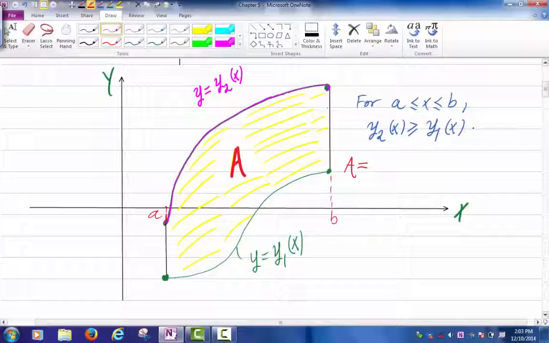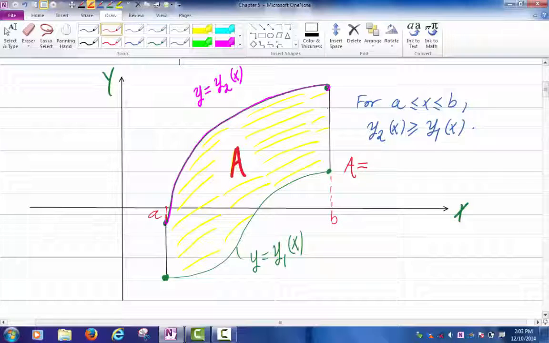Let's say I have the yellow region, and let me explain what that region is. That region is bounded above by the magenta graph, which is the graph of the function y2 of x, and the yellow region is bounded below by the green curve. That's the graph of y1 of x.